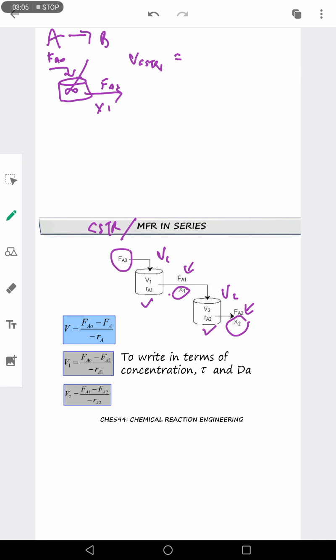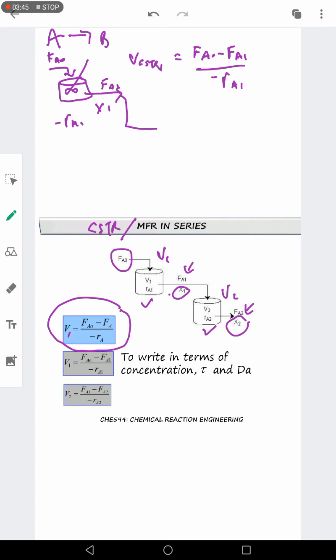And for this X1, we regard the reaction rate as RA1. So the design equation for a CSTR like this, for the first reactor, V1 equals FA0 minus FA1 over negative RA1.